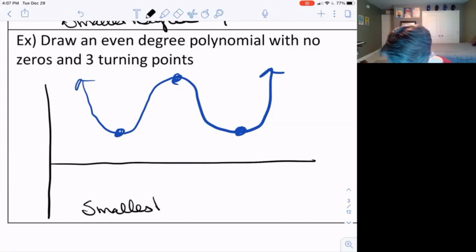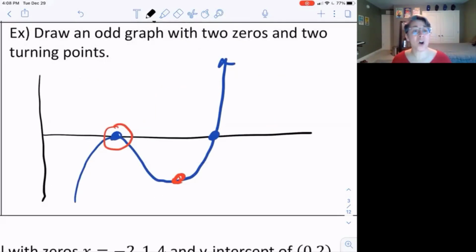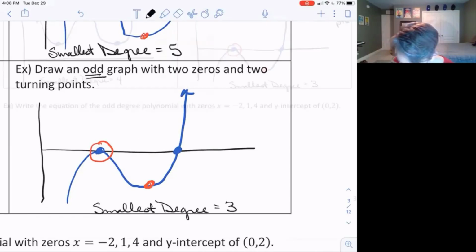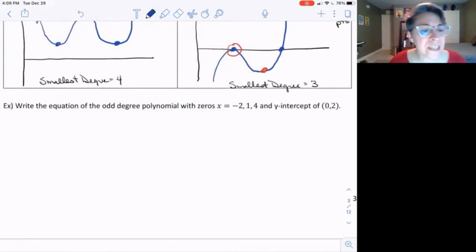So its smallest degree would be 4. And this is an odd graph with 2 zeros and 2 turning points. So we have a smallest degree is 3.